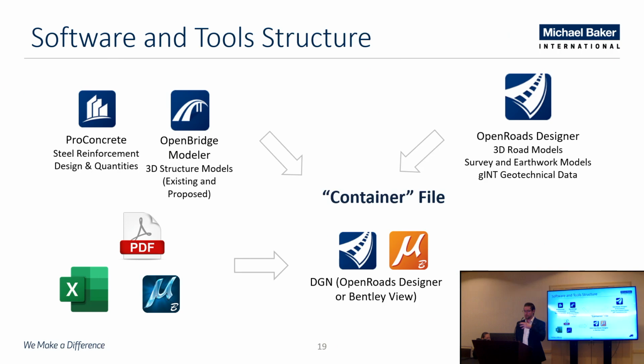Those are tied to one of those models, so that information is being pulled in as well. And then that's available within that container file so that we can view that in various forms of software. Bentley has their solution, Allplan has their solution, Trimble has their solutions of how to consume that data. There are also free solutions out there as well, so people don't have to buy software to be able to view this model.